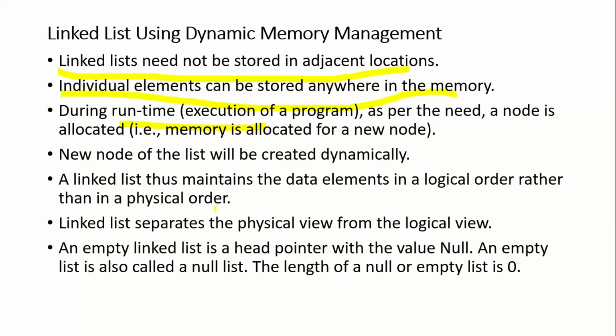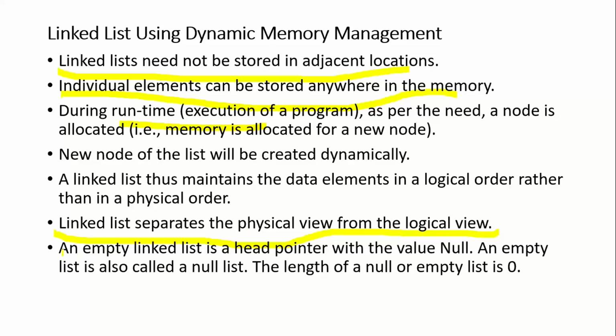That's why we say they are maintained in logical order rather than physical order. The main point is that a linked list separates the physical view from the logical view. Physically how it is represented doesn't matter in linked list representation using dynamic memory allocation. The thing which matters is the logical view.